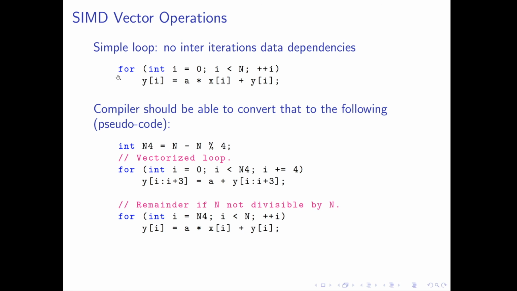As this loop doesn't have any iteration data dependencies, and as it is vectorizable, I can equivalently formulate this loop with a stride of 4, and then inside the loop iteration, instead of only one of those computations, perform 4 of them.